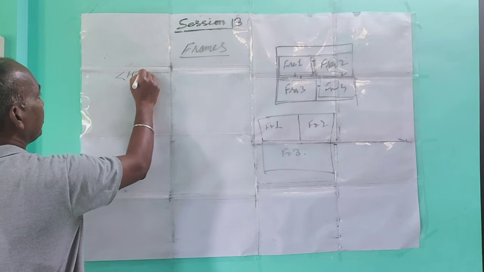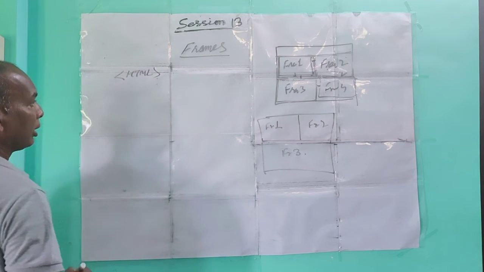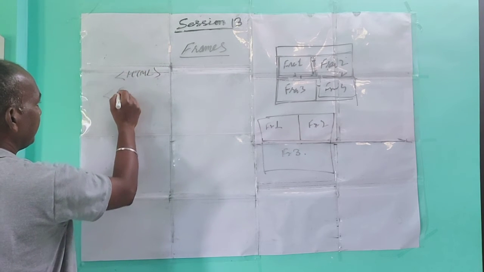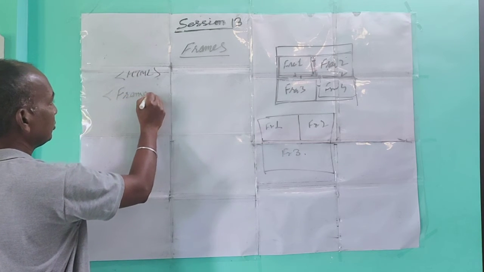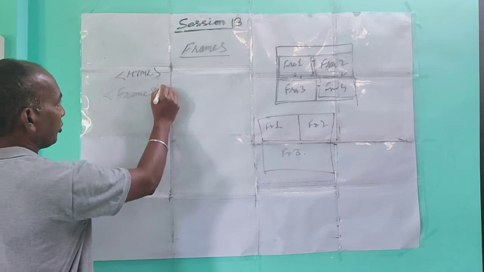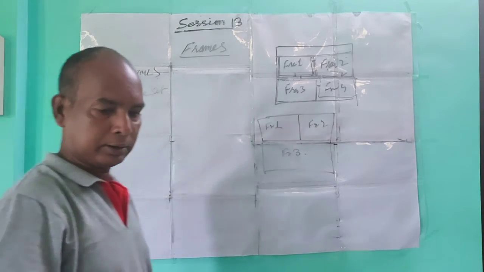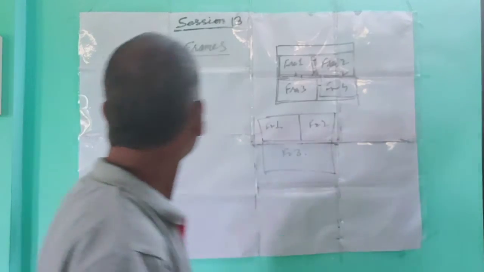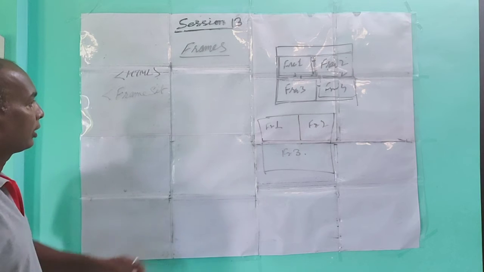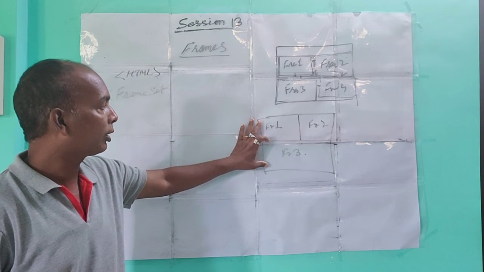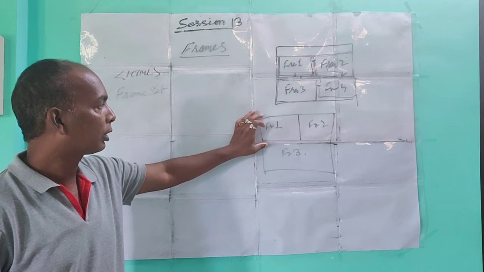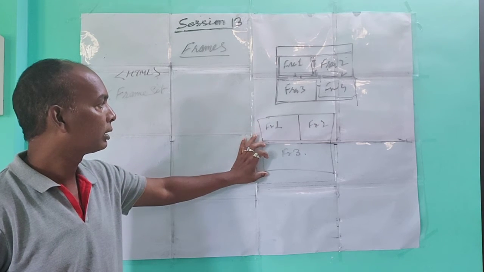HTML, okay, then frameset. At first you see there are three frames in a single window. So at first we have to create two, one for the first row and one for the second row.